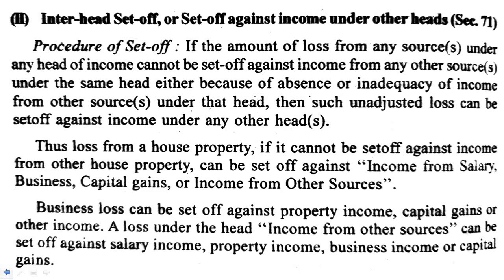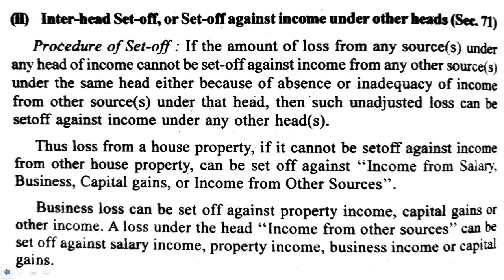Procedure of set off: if the amount of loss from any source under any head of income cannot be set off against income from any other source under the same head, either because of absence or inadequacy of income from other sources under that head, then such unadjusted loss can be set off against income under any other head.